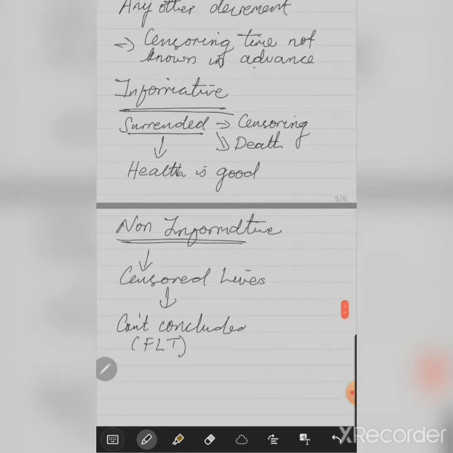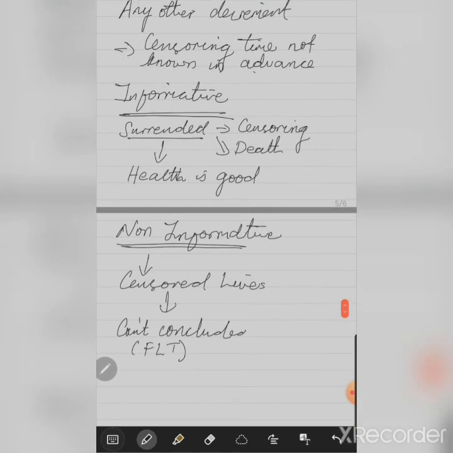Generally, whenever some kind of information or conclusion can be brought out because of the censored lives, we are bringing in the scenario of informative censoring.